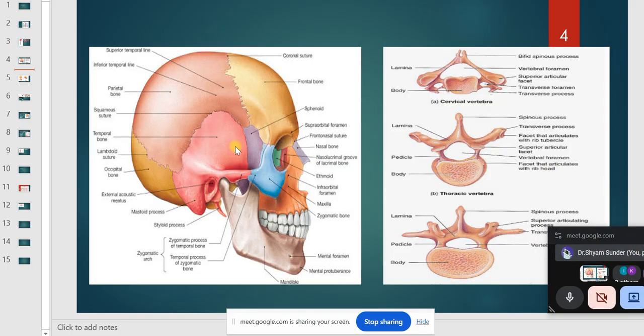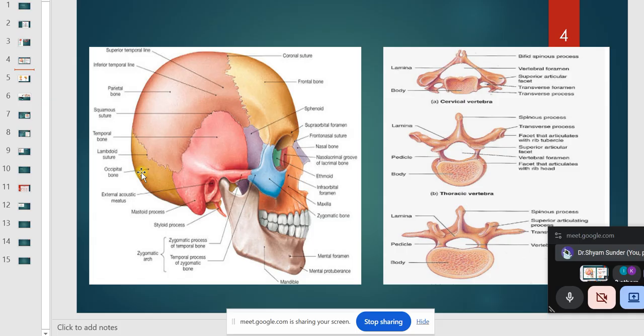These are the different parts of the skull bone, like the frontal bone covering the frontal lobe of the brain, the parietal bone covering the parietal lobe of the brain. So the bones and the lobes have the same name. Frontal lobe, frontal bone. Parietal lobe, parietal bone. Temporal bone, temporal lobe. Occipital bone, occipital lobe.